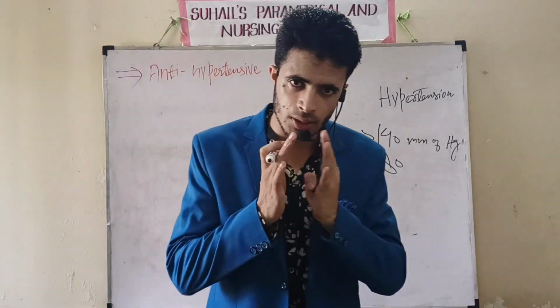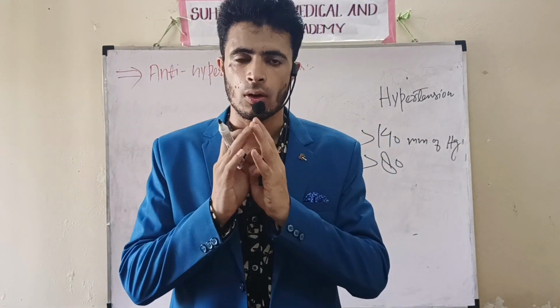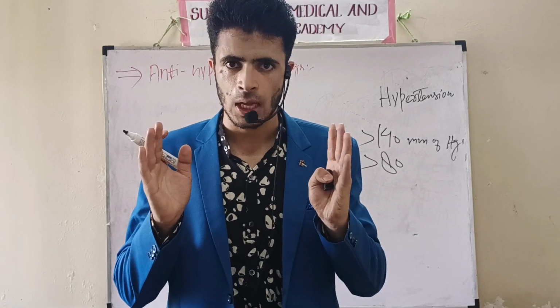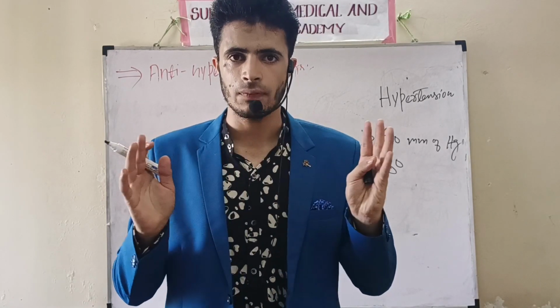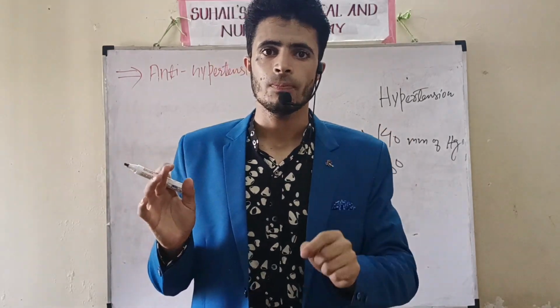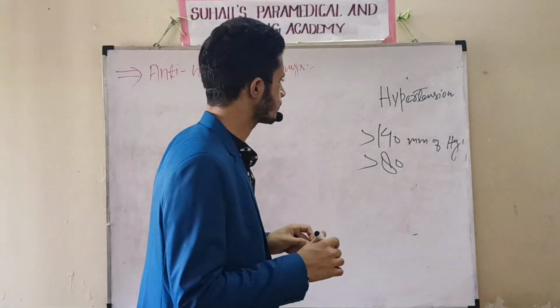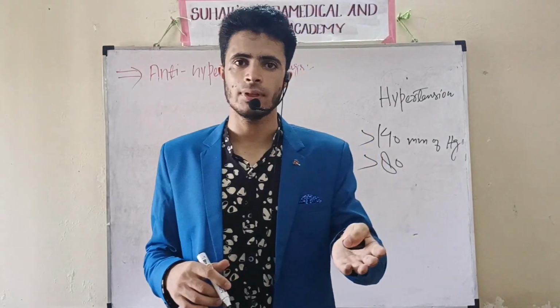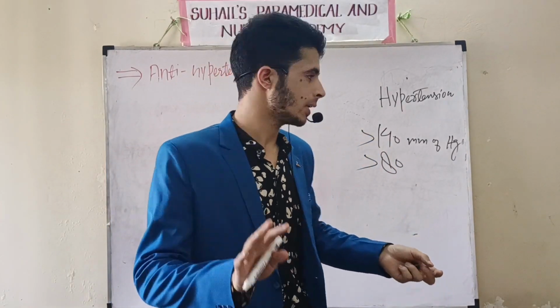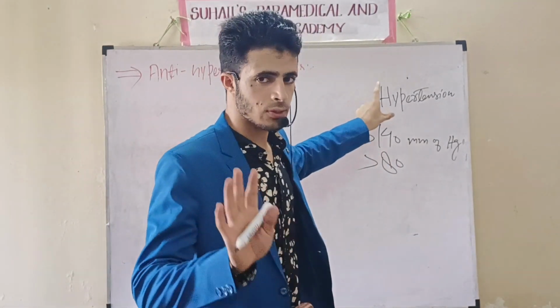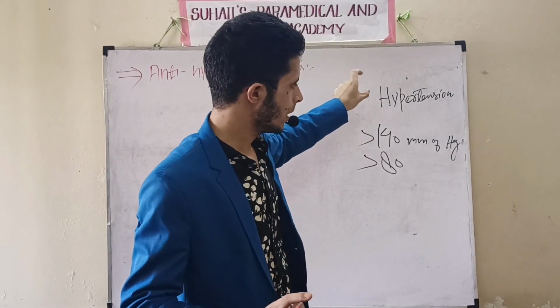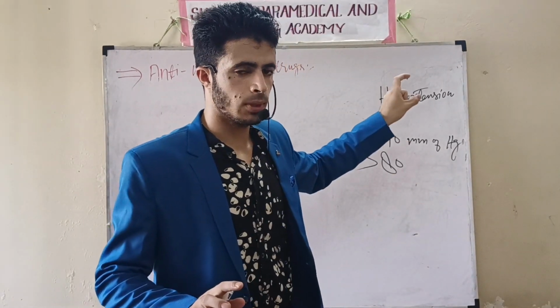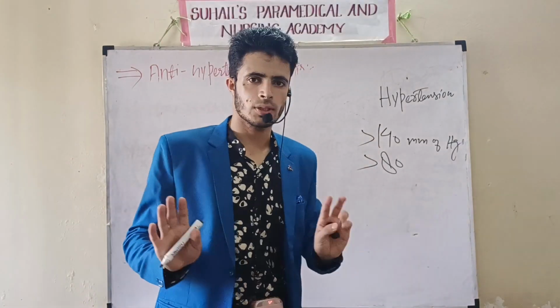There will be increased pressure on the blood vessels. I will tell the rest later, because at first I will not tell that. In case of hypertension, just remember, there will be increased blood pressure, an elevation in the systolic and diastolic blood pressure.